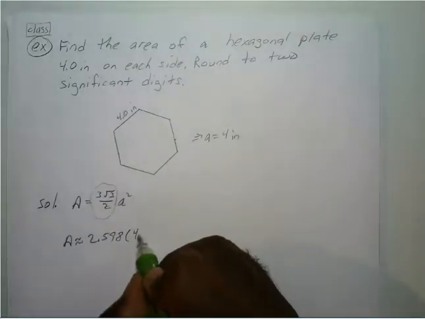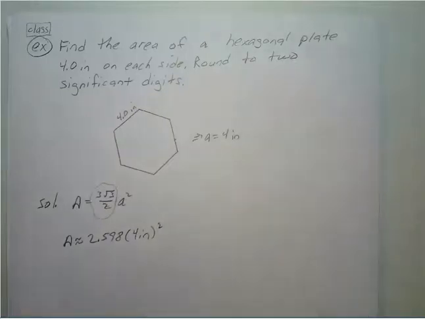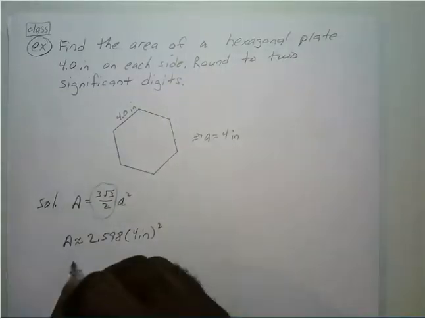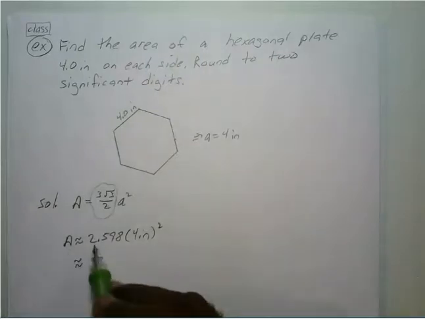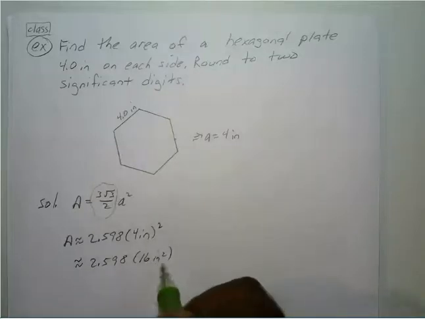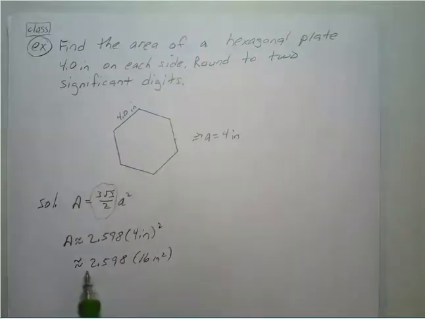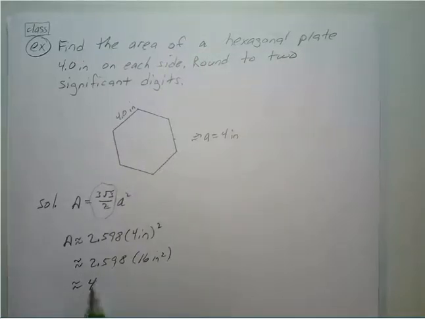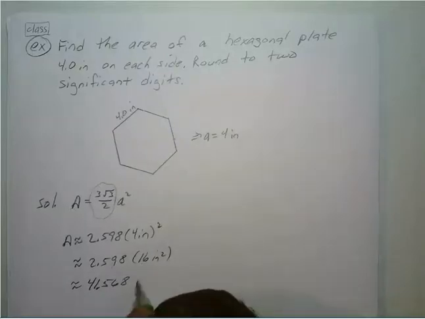So that's 4 inches squared. That means this is approximately equal to 2.598 times 16 square inches. If we multiply these two values together, we end up with 41.568 square inches.